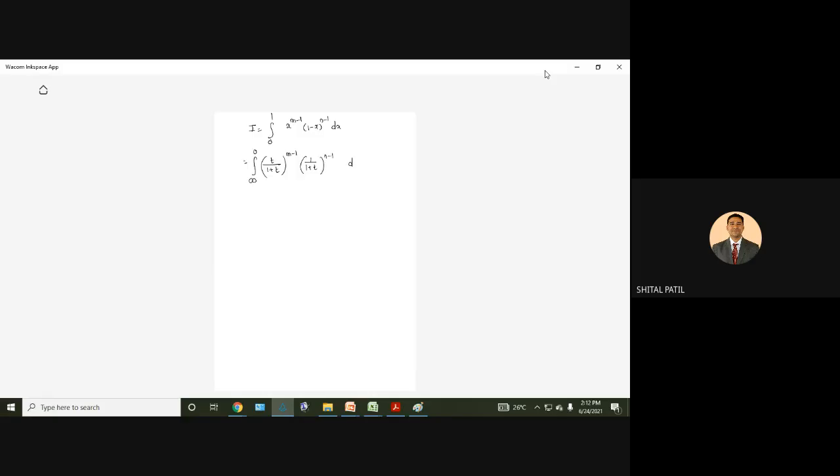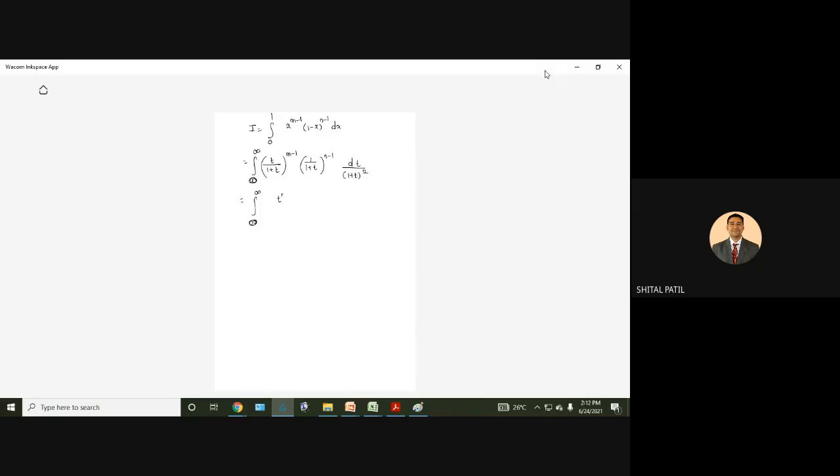And what dx is: 1 upon 1 plus t raised to 2. Simplify this. What about the limits? Is it 0 to infinity or infinity to 0? 0 to infinity. Zero to infinity. Simplify this.